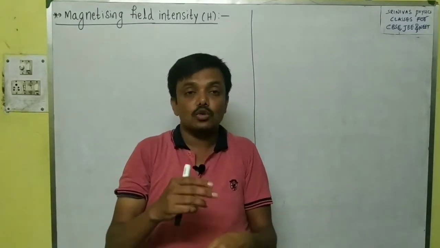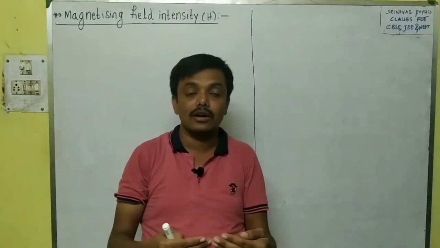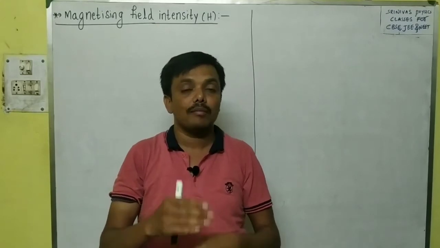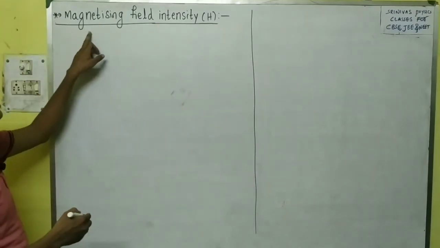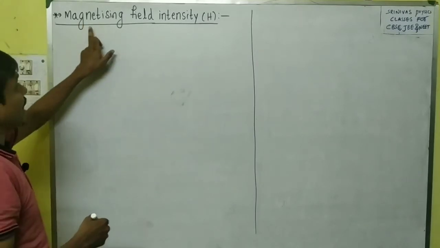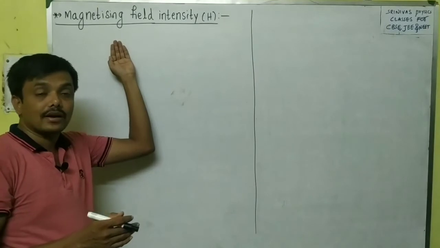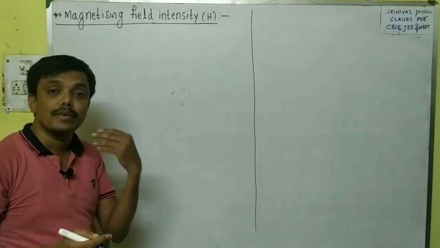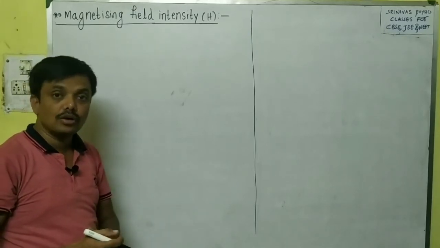That means to magnetize an iron rod, some external magnetic field, a magnetizing field, is required. Its definition I am going to explain. The magnetizing field is the external field that tries to make the magnetic substance into a magnet.